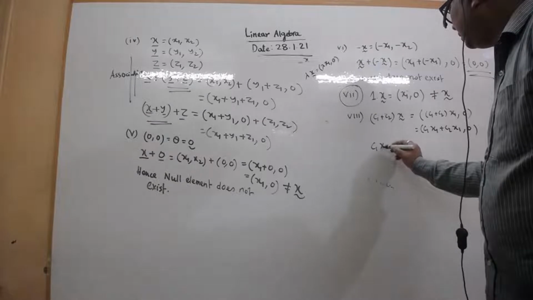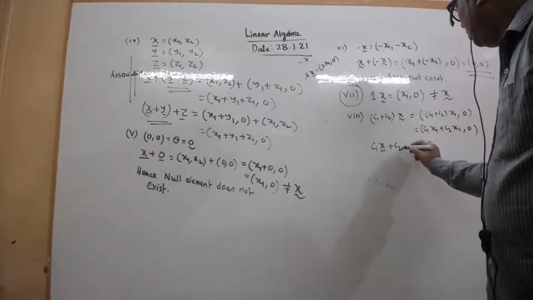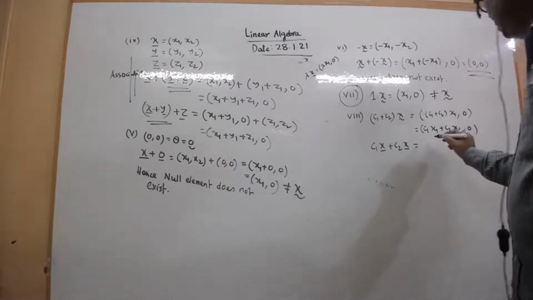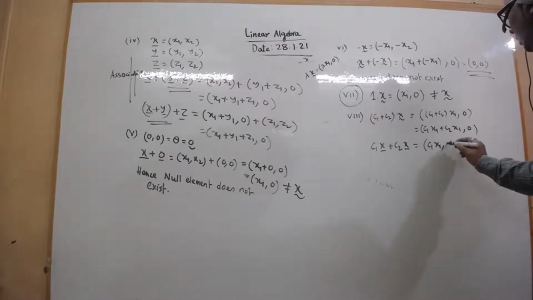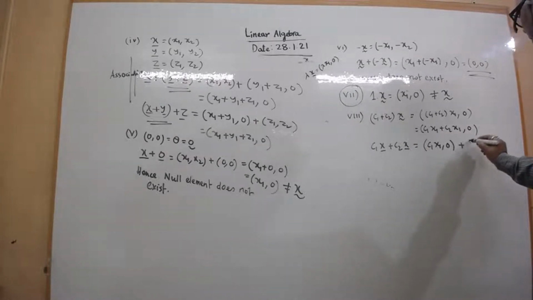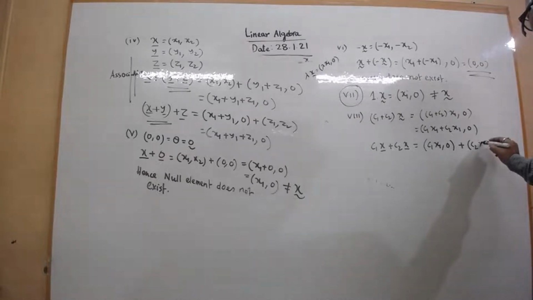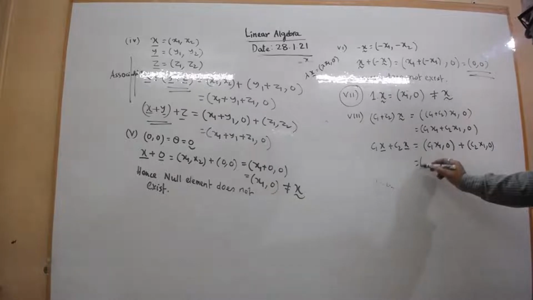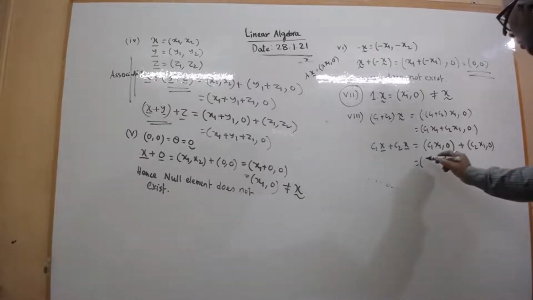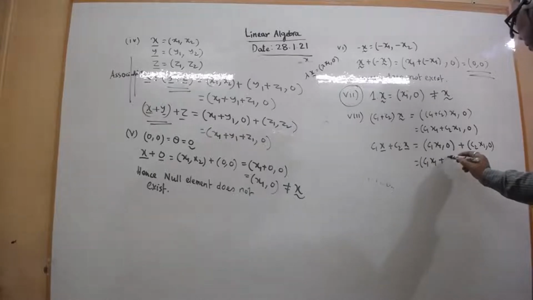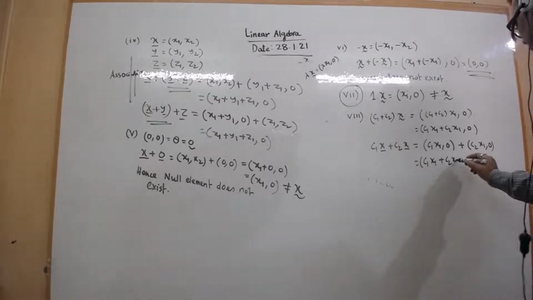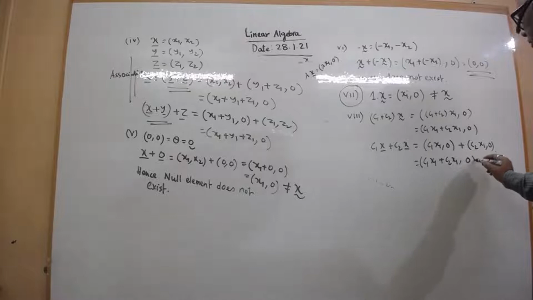And C1 x curl plus C2 x curl is (C1 x1, 0) plus (C2 x1, 0), which equals (C1 x1 plus C2 x1, 0).